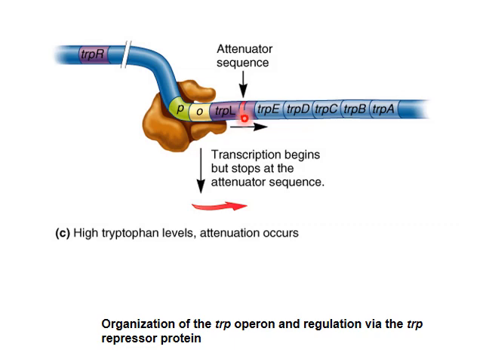This attenuator sequence is going to facilitate the premature termination of transcription. And this is that second mechanism of regulation. So just like the lac operon, we have two alternate mechanisms that have the ability to downregulate or control the levels of expression of the trp operon structural genes.